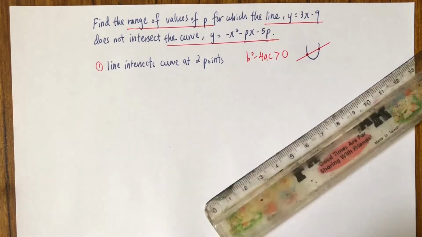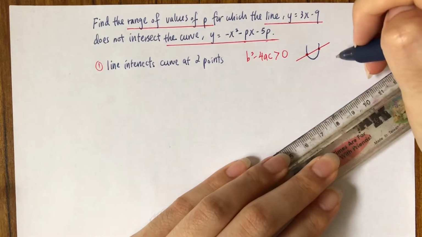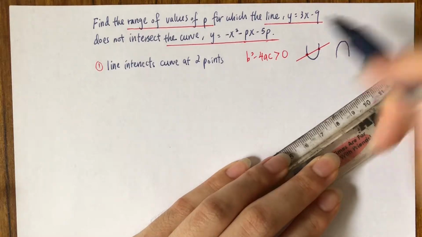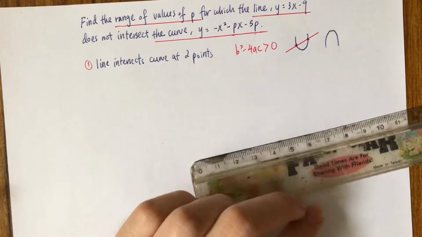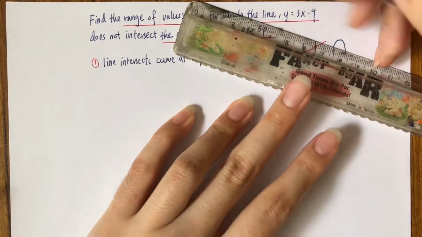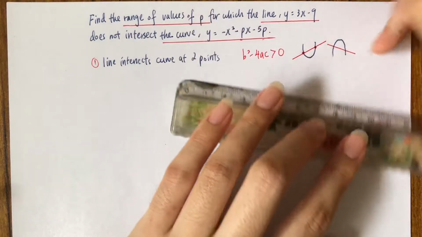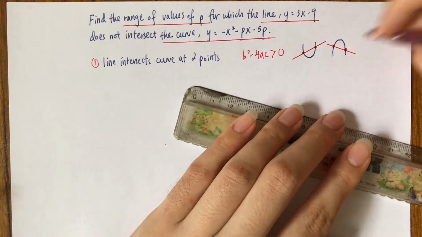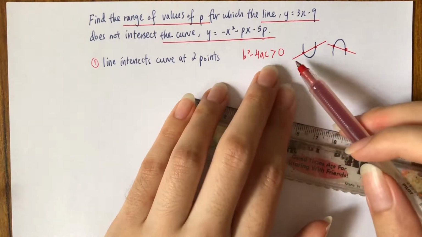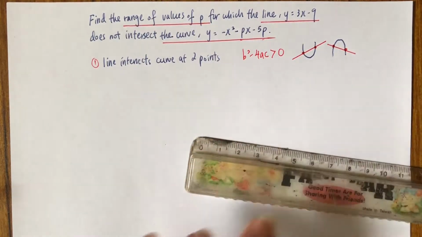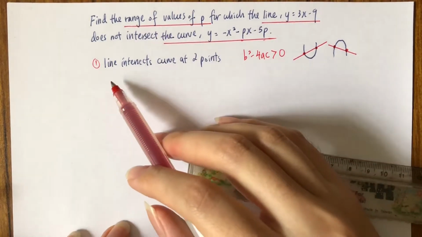The curve might also be an inverted U, in the case of a negative coefficient for the x squared term, and if the line cuts through the curve at 2 points, then again the discriminant b squared minus 4ac is more than 0. That's the first kind of scenario.